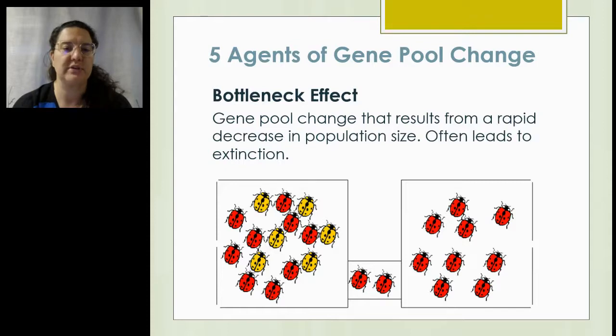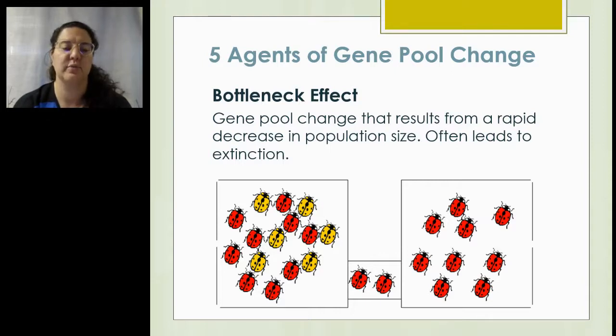So the gene pool change that results from a rapid decrease in the population size. Like I said, this can be if like half the caribou herd was lost in an avalanche in Jasper National Park. This can lead to extinction because there's not a lot of variety left in the population. And so the population loses the ability to adapt to other changes in the environment.